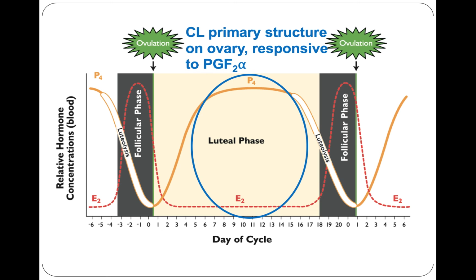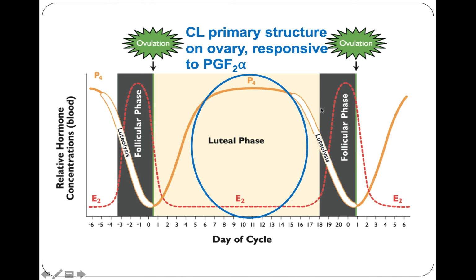And when that happens, that allows us one synchronization tool that is actually really pretty cost favorable and is a tool that we can use to synchronize estrus. So because this is the longest portion of the female's reproductive cycle, this gives us a larger amount of opportunities to manipulate the life of that CL.